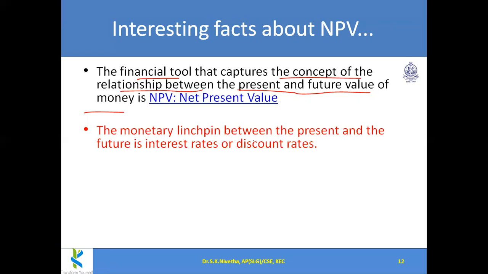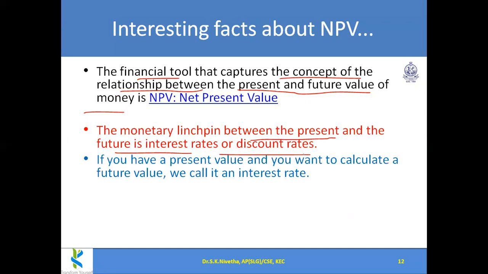The monetary linchpin between the present and future is the interest rate or the discount rate. When to consider the interest rate and when to consider the discount rate, that is the main thing here.